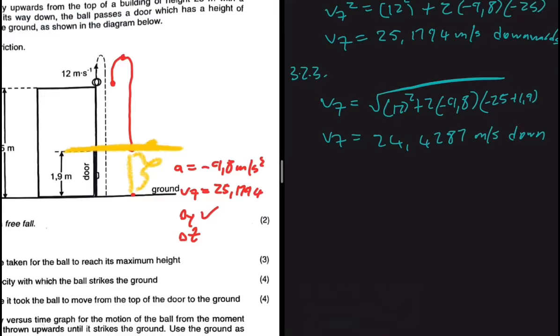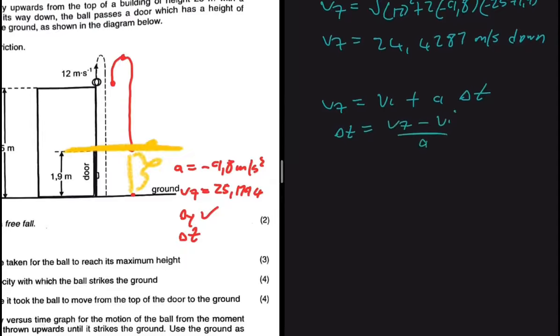So now our favorite formula, we can say VF is equal to VI plus A delta T, right? We're looking for delta T. So if we solve this and make delta T our subject of the formula, we're gonna get delta T is equal to VF minus VI divided by acceleration, right?